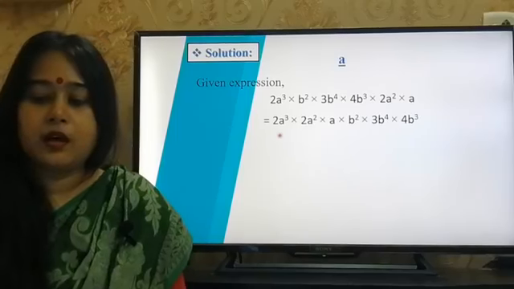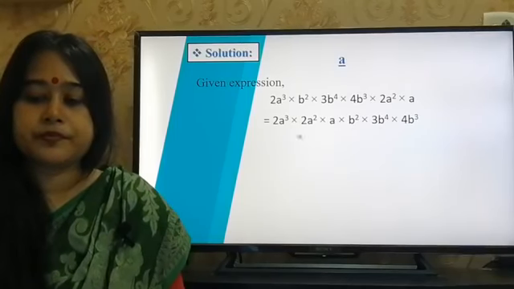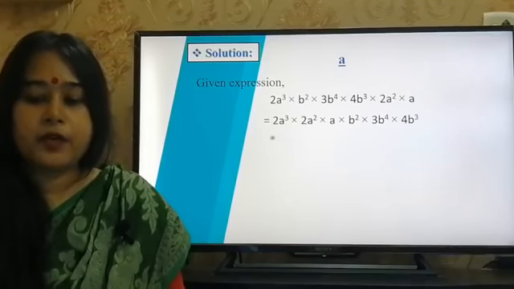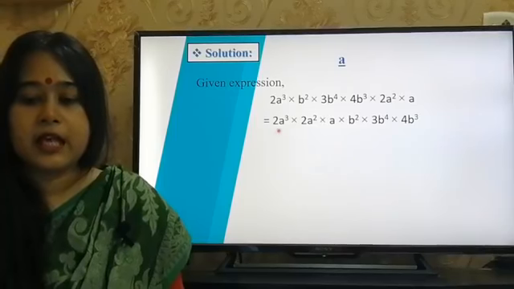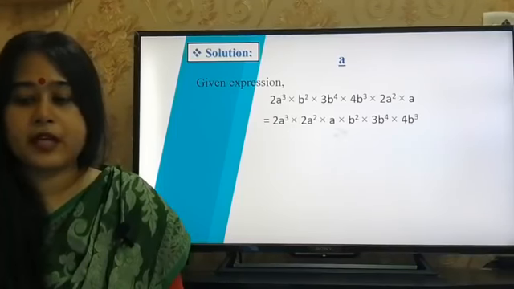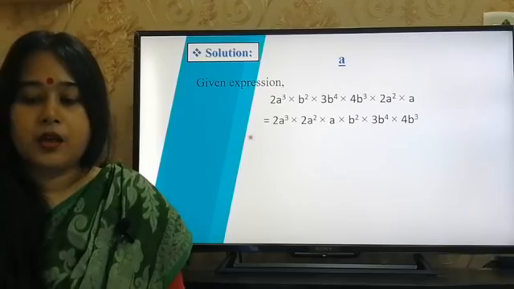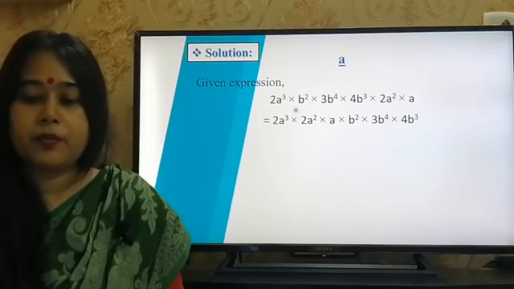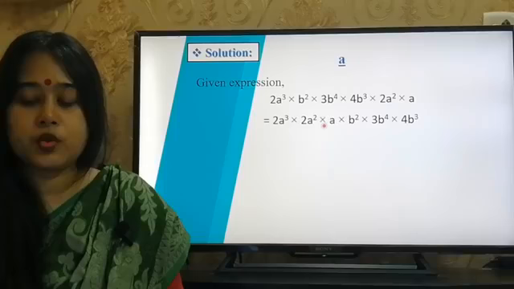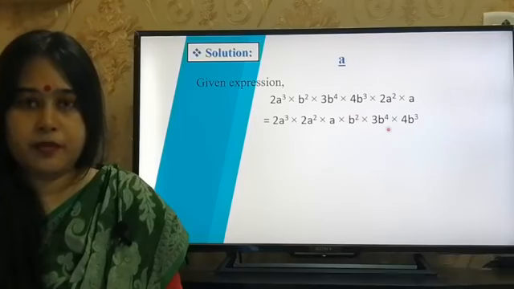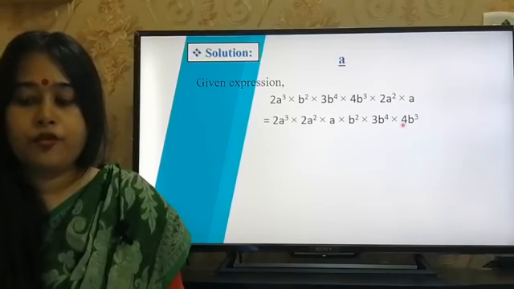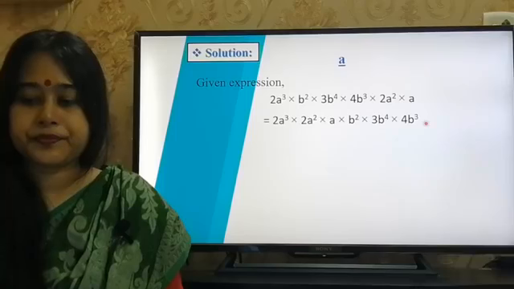Now we have arranged our exponents alphabetically, like we have taken the base a first and then b. We got 2a cube into 2a square into a into b square into 3b to the power 4 into 4b to the power 3.